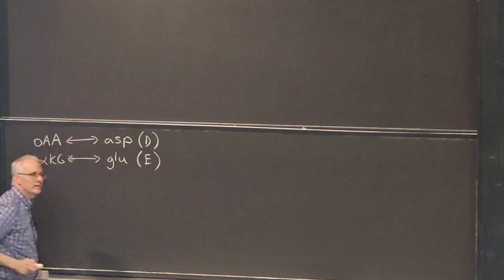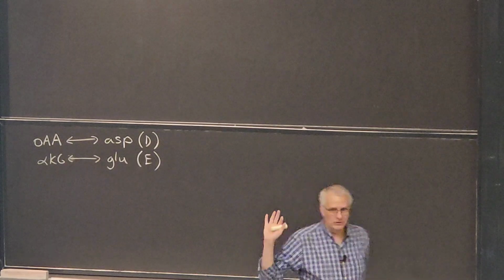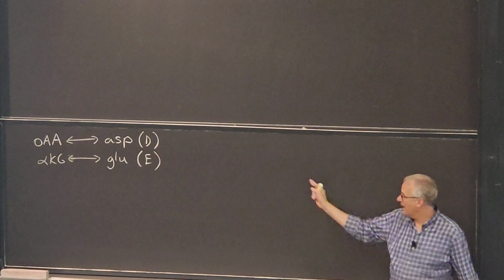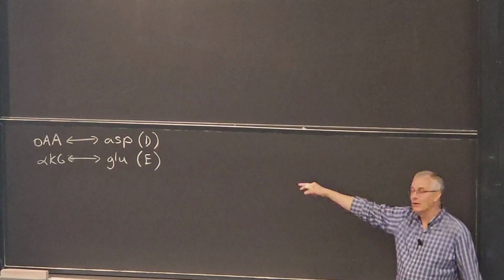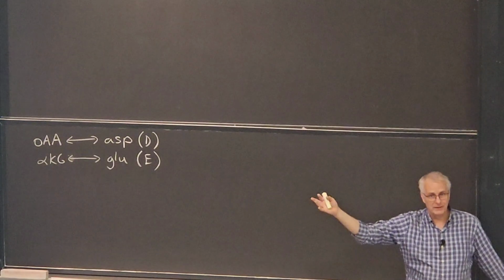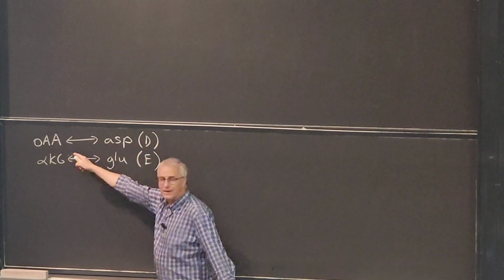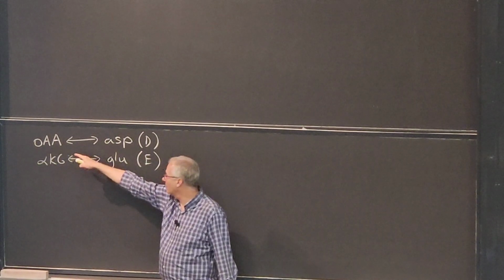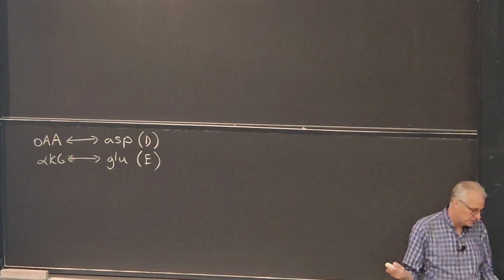Glutamate, single letter E. I'm not going to draw those out right now, I'll draw them out later, but if you draw them out, the alpha keto acid, alpha ketoglutarate, if you switch the ketone group for an amino group, you get glutamate. Oxaloacetate, another alpha keto acid, swap the keto group for an amino group, you get aspartate.